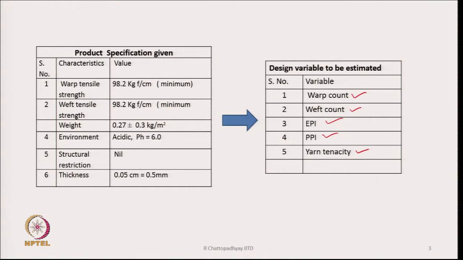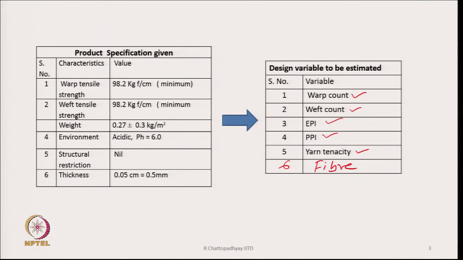These values we have to calculate from the information given about the product specification, which is on the left side table, and the other thing also we need to know is which fiber we should choose, which will satisfy these requirements.